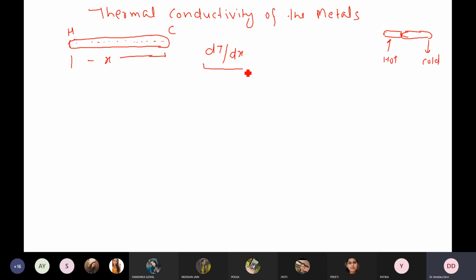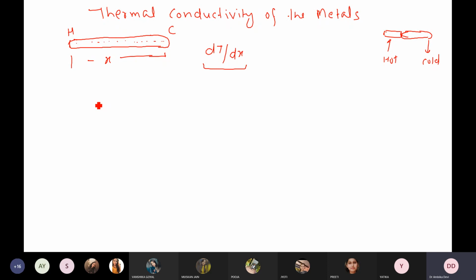So if we define the gradient by this, then the amount of thermal energy Q which crosses unit area of this bar per unit time is proportional to the temperature gradient dT by dx, right?